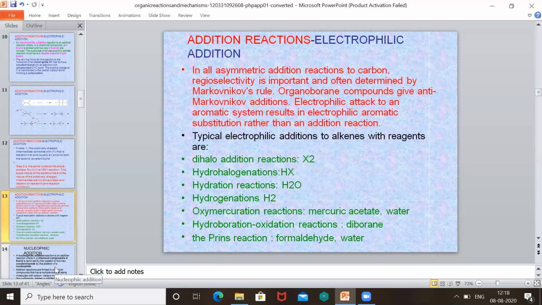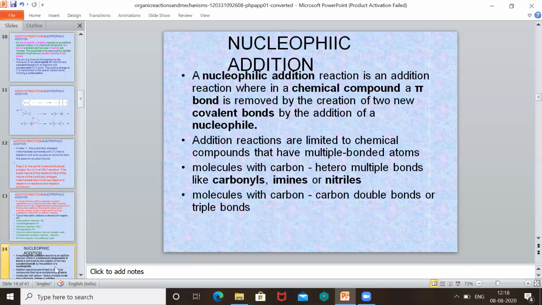Now let us see another type, that is the nucleophilic addition reaction. In a nucleophilic addition reaction, the reagent is a nucleophile. Addition reaction is limited to chemical compounds that have multiple bonded atoms, such as carbonyls.